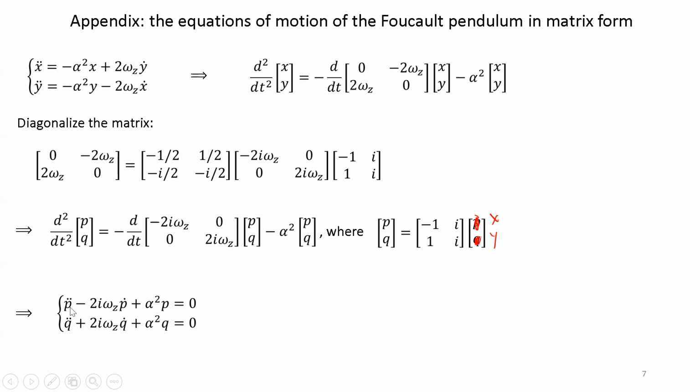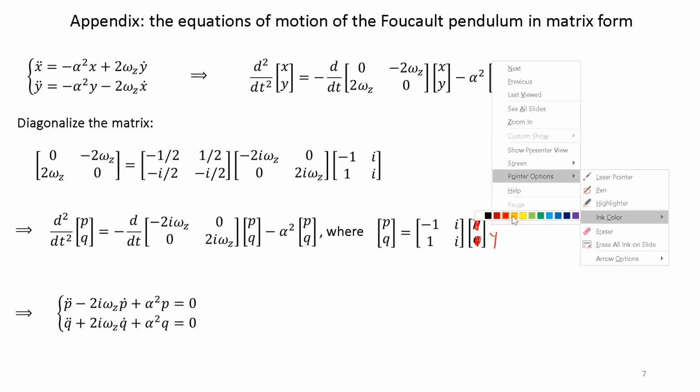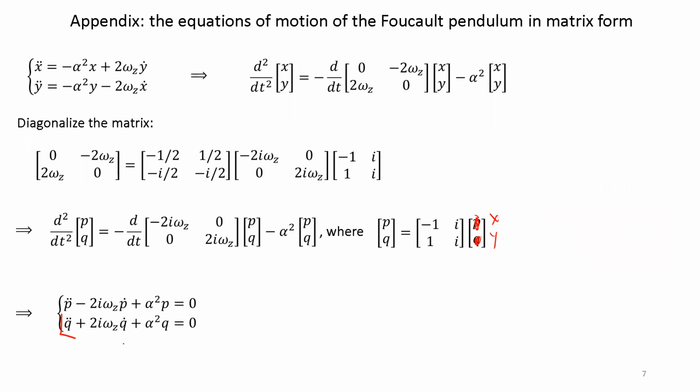So then you solve for P and Q as a function of time, then you can get back X and Y. In fact, I only need one of them. If I just consider this, you are able to get the solution Q of t equals something. And now you look at what you have over here, and what it tells you is that Q is actually equal to X plus iY.